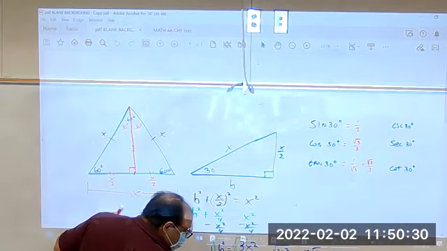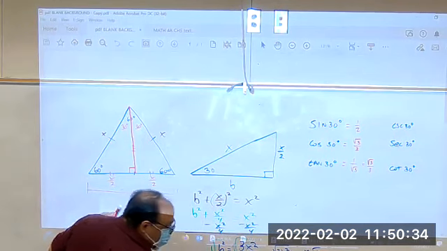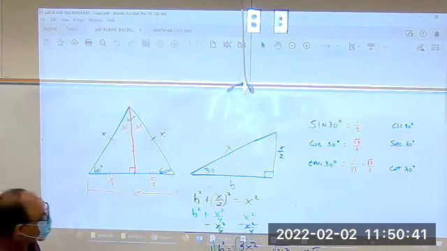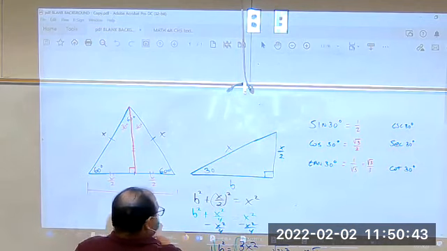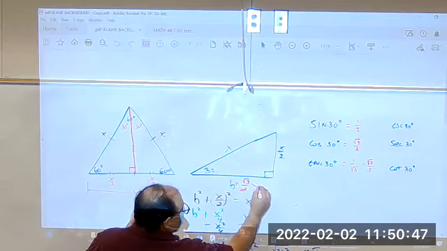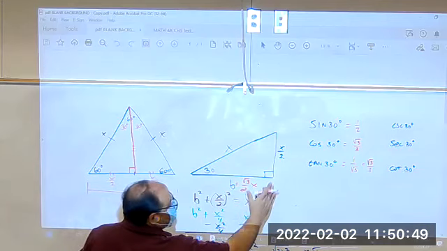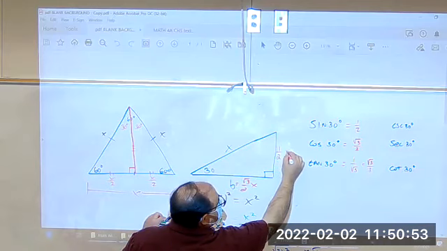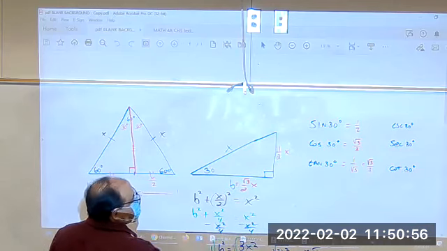So this is square root 3 over 2 times the x. This one is always 1/2 times the x.